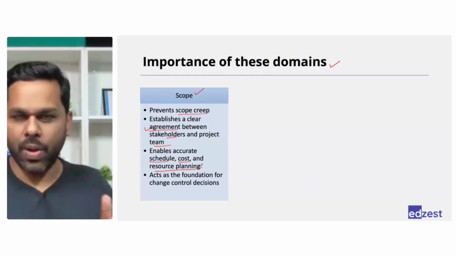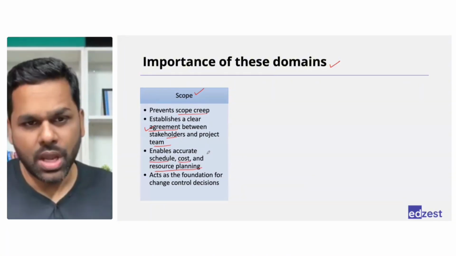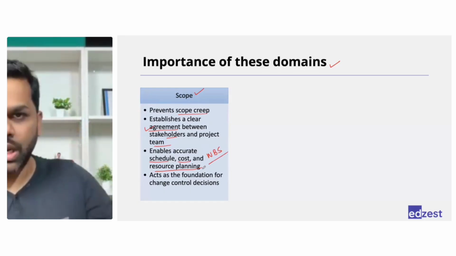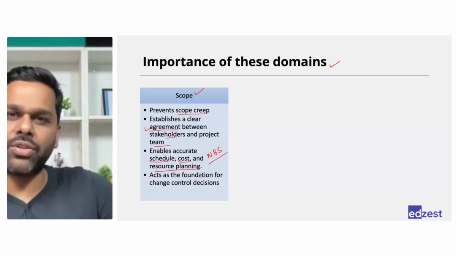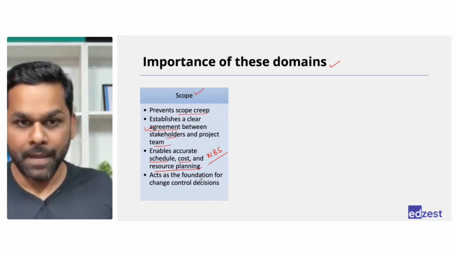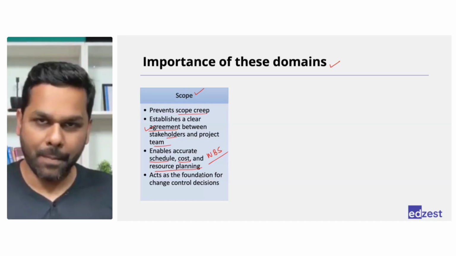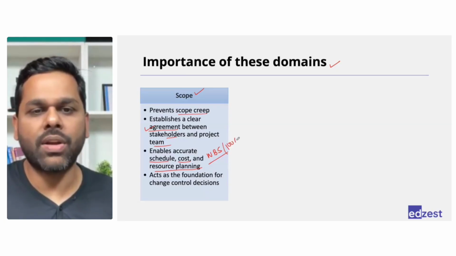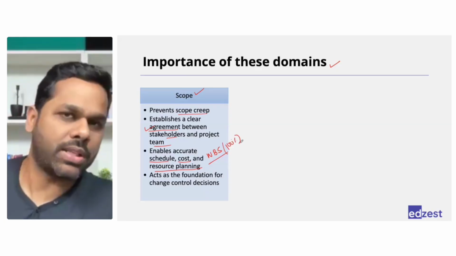See, when you manage scope well in traditional approach, in predictive approach, you will create something called WBS, work breakdown structure. It's a detailed list of everything to be delivered to the customer. If you have done that well, right, which means you have 100% understanding of what is to be delivered in the project.